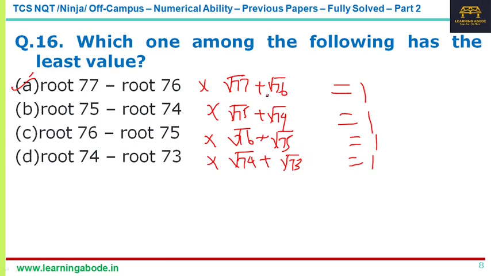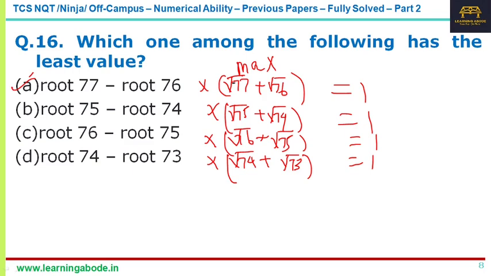Now, among the conjugates that you have used, if you look at it logically, root 77 plus root 76 would be the maximum value, right? Since the product is all equal, and this is the maximum value by logic, because when you compare all other numbers, 77 and 76 are highest.